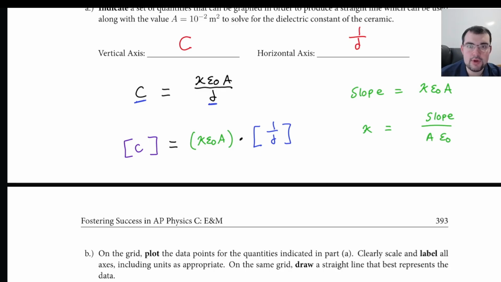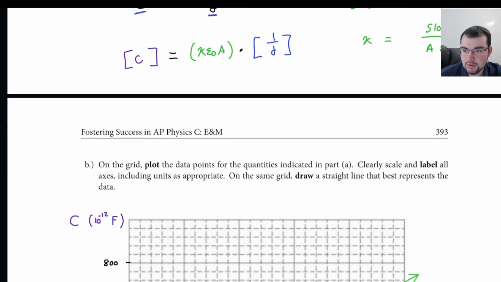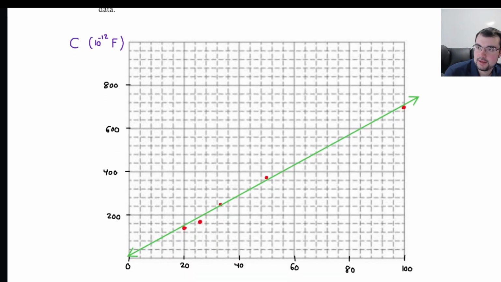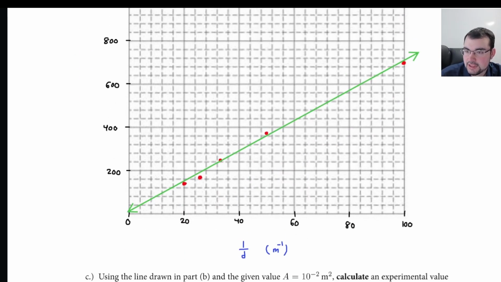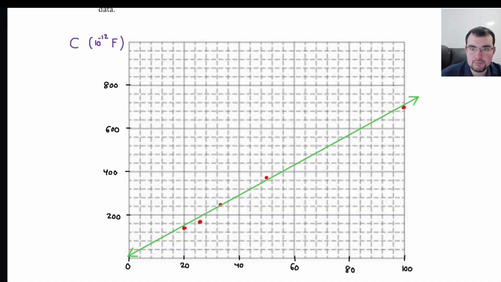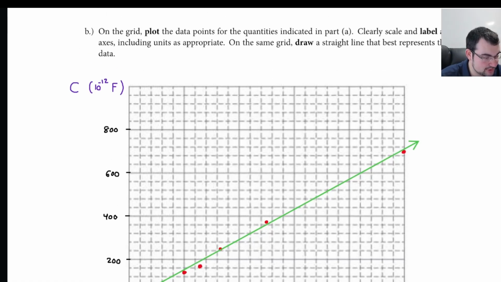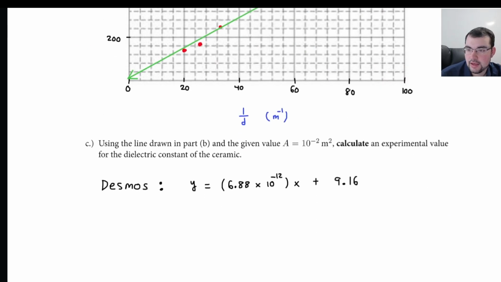All right, and you know that I will never graph on camera, so we did our usual off-camera mining to get our capacitance versus 1 over D graph, and we see it's pretty good, pretty linear. We just have to be careful of this 10 to the minus 12 scaling on C. And Desmos gave me this as a regression equation.